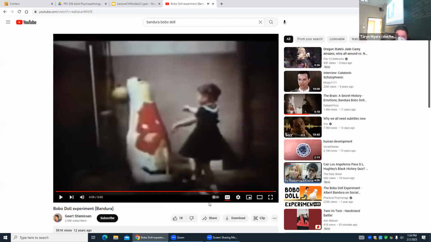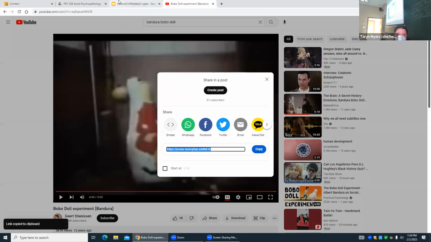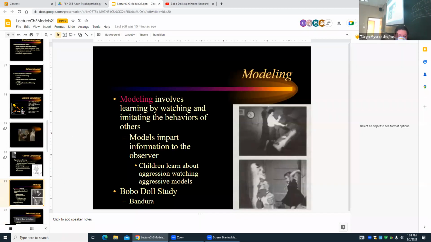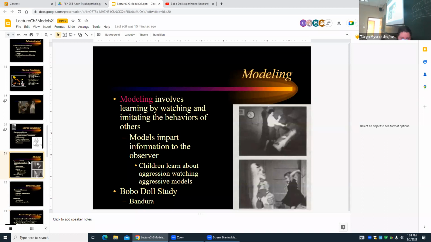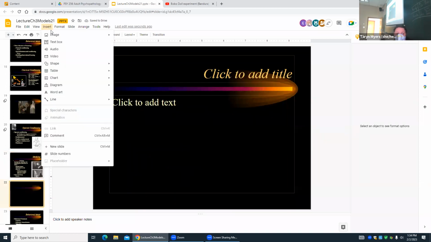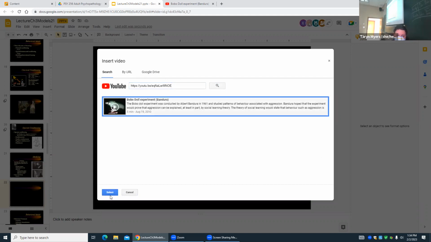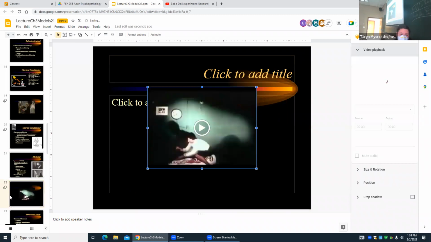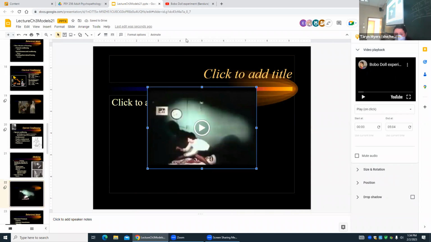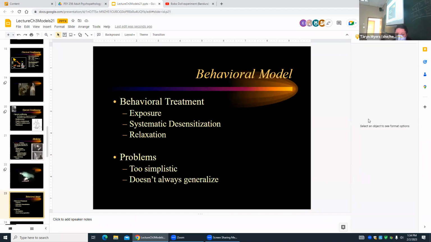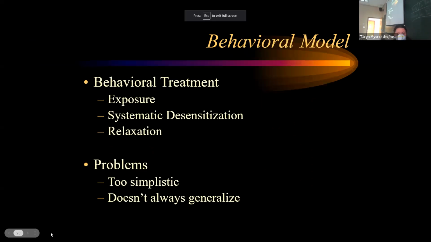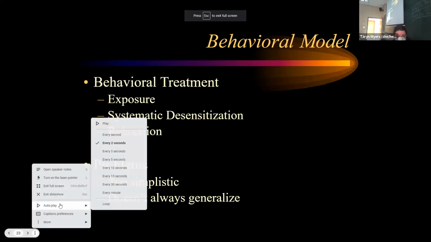So what this shows is that kids, people, animals, right, might learn our maladaptive behavior from watching other people, from watching other beings, right? And certainly there's a lot of evidence for this. For example, in the case of domestic violence, we know that a lot of folks who are abusers were abused themselves as kids.